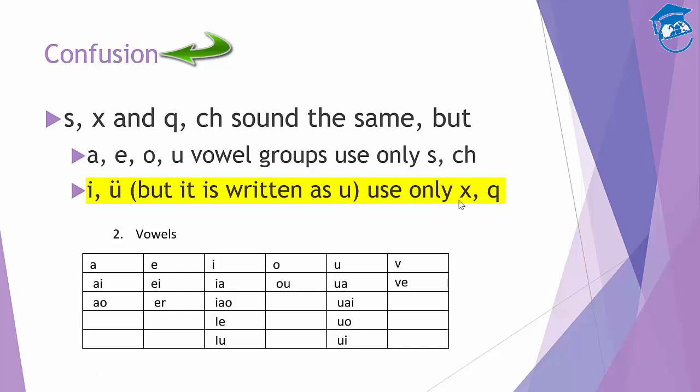So whenever you hear Xu, it is XU without the two dots. Whenever you hear Qia, it is QIA, not CHIA. Okay, so I hope that explains some of the confusion that you have here.